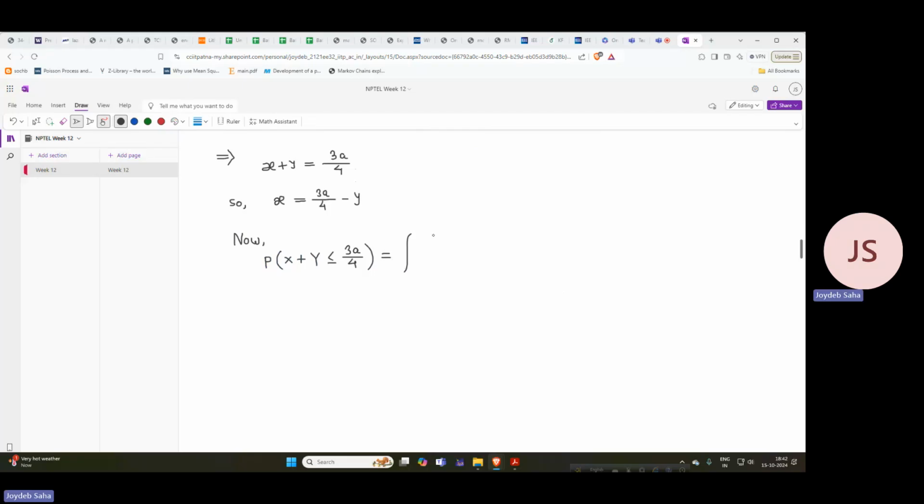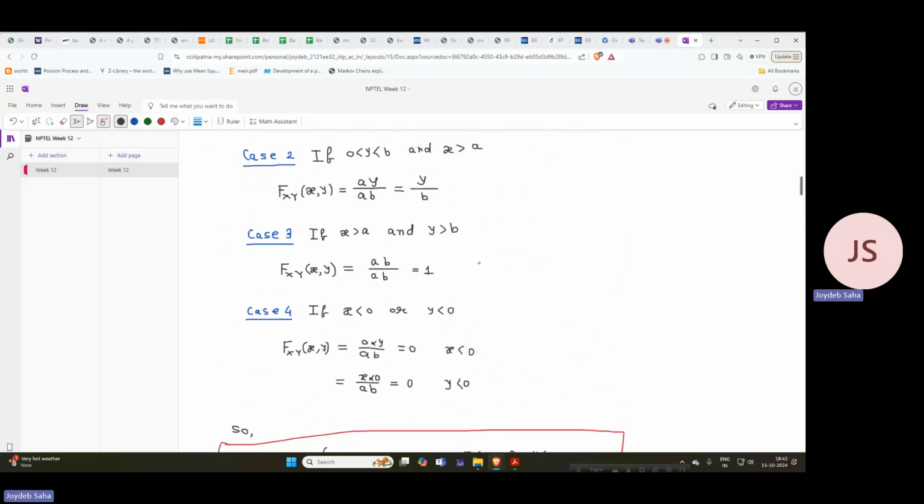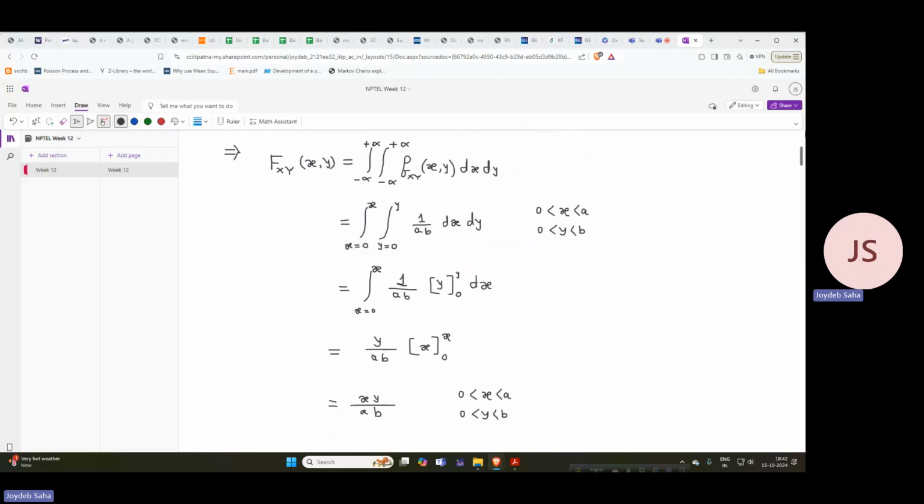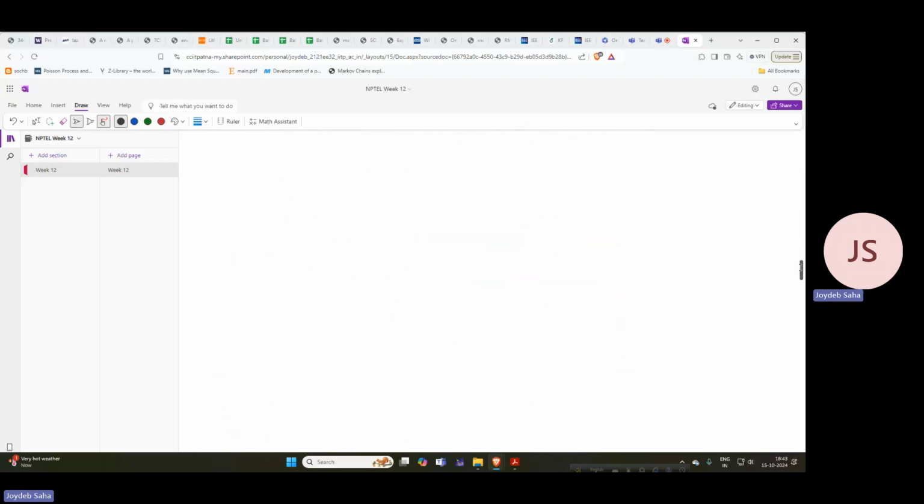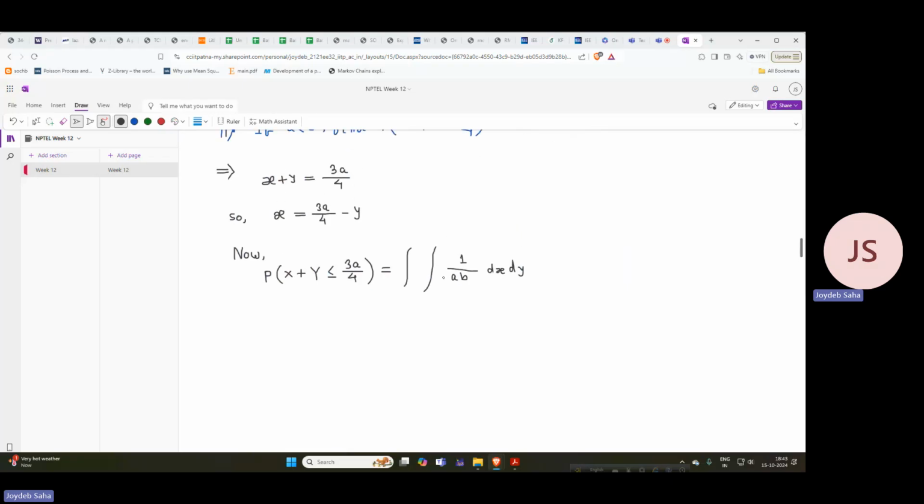double integral of what? 1 upon ab dx dy. Now what is the limit? That is the question, right? This is nothing but the probability density which is given, right? So the task is, what is the limit?